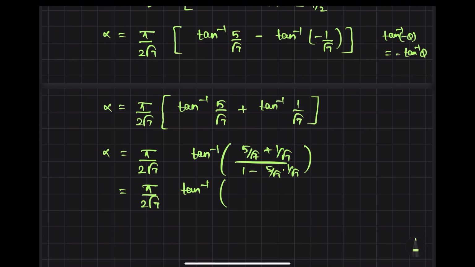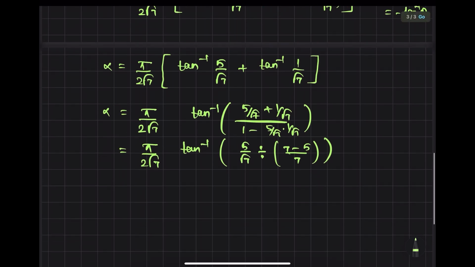Look at this. Can I write 5 by root 7 divided by 7 minus 5 by 7, right, pi by 2 root 7 tan inverse.